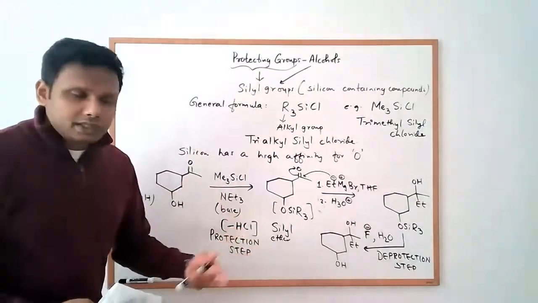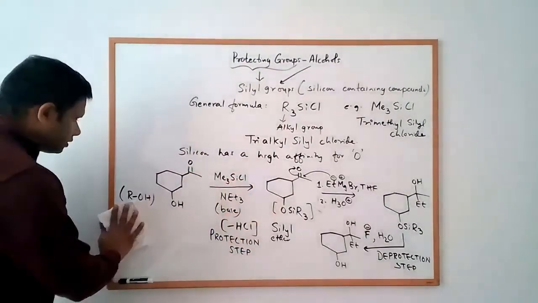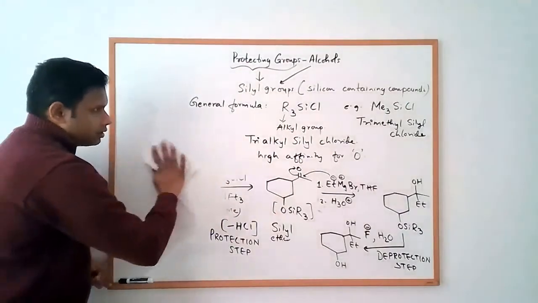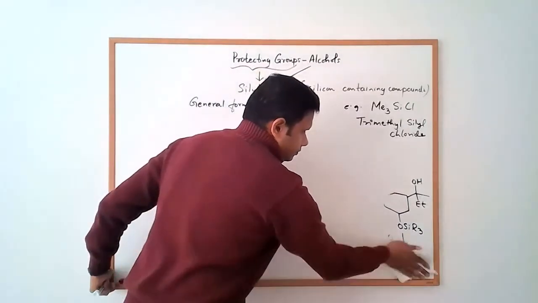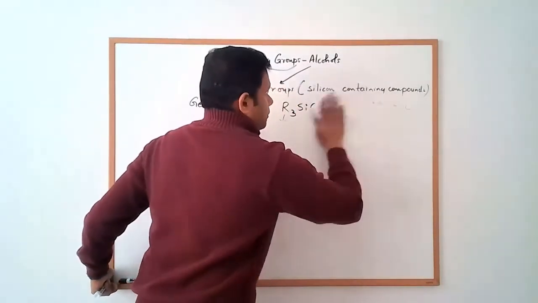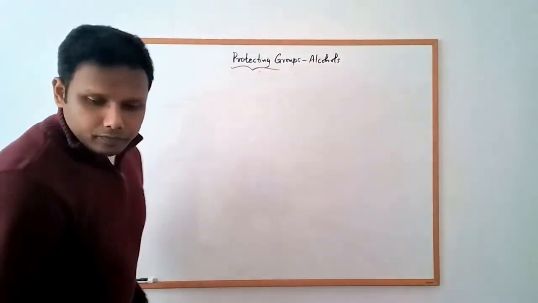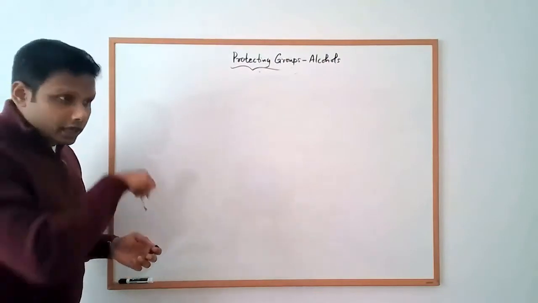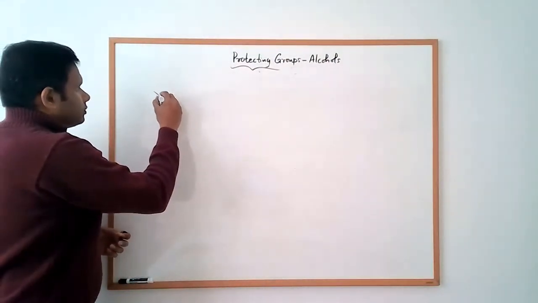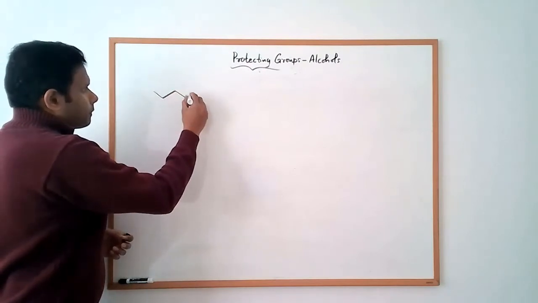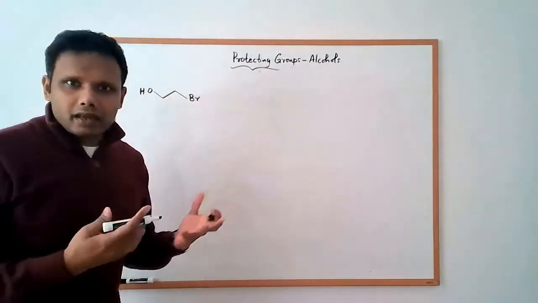Let me show you another example of where a protecting group might be needed. We're going to look at a slightly different scenario here. So let's say we have a molecule which is a bromo alcohol.